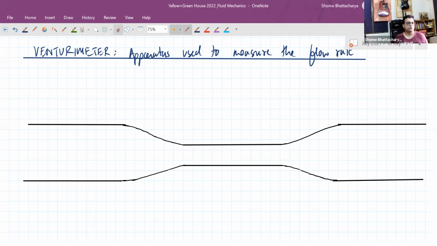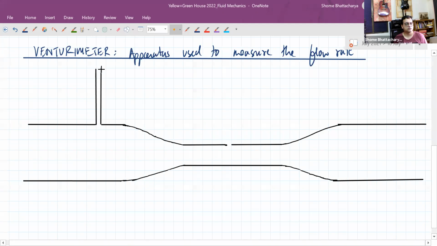Now in this region two narrow vertical pipes are inserted. Now let us say a particular ideal fluid is in steady flow, and these roughly represent the streamlines.